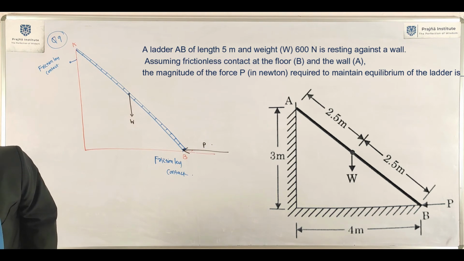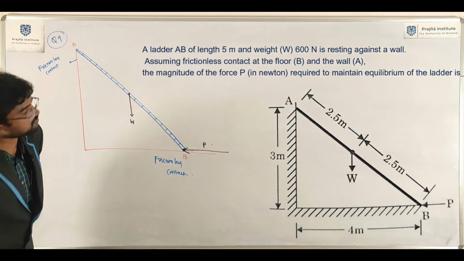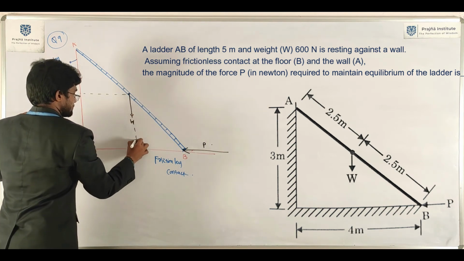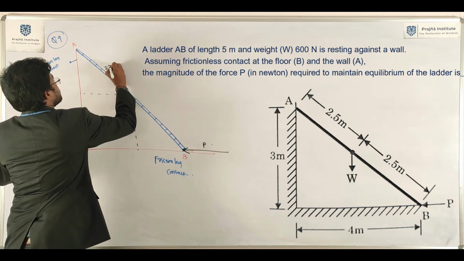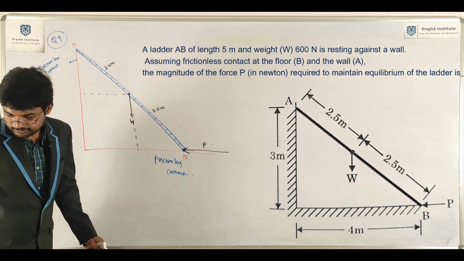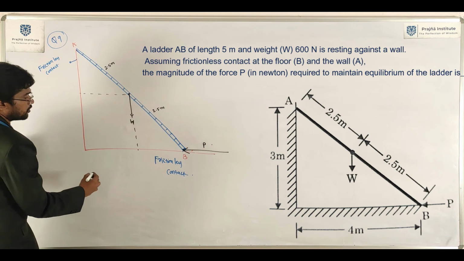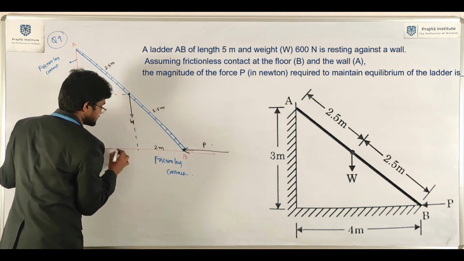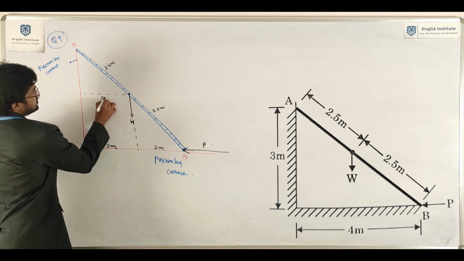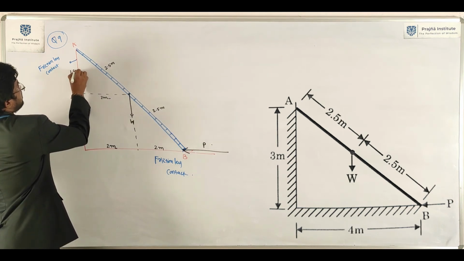What are they asking? AB is of length 5 meter, so it is 2.5 meter and also 2.5 meter. Total is 4 meter, it is 2 meter, 2 meter, and 1.5 meter.